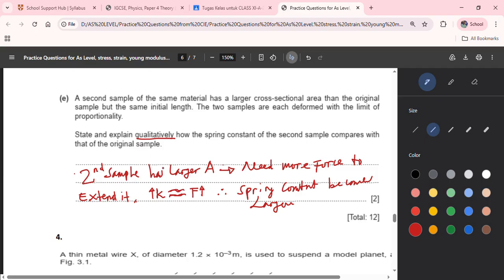Proportional means equal. So if the force is up, K is also up. So the answer is that the spring constant becomes larger, or greater.